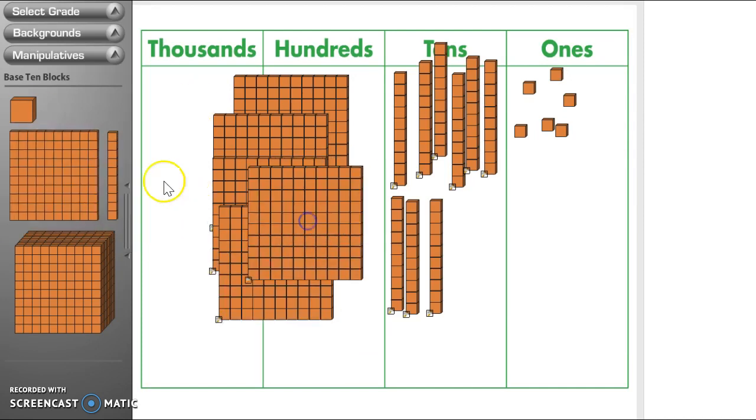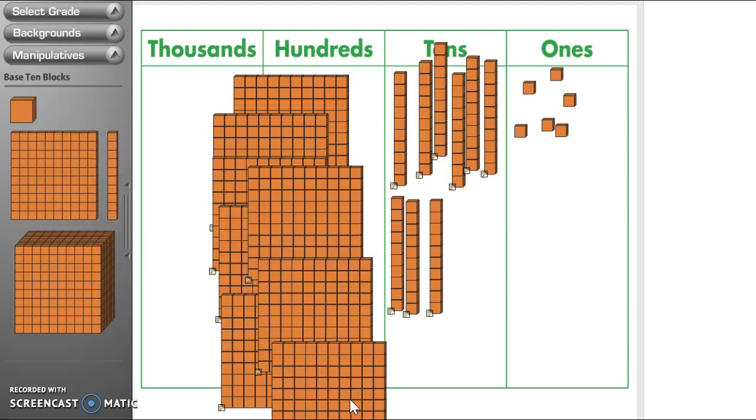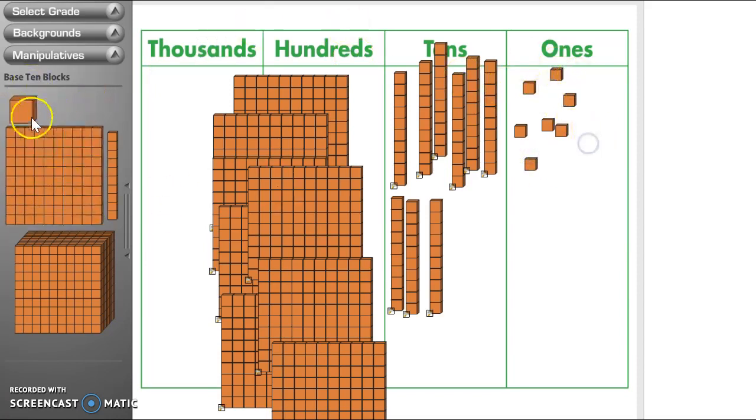1, 2, 3, 4, 5. I'm sorry, our work mat's getting kind of crowded. 0 tens and 3 ones.